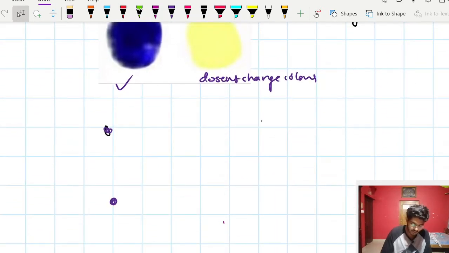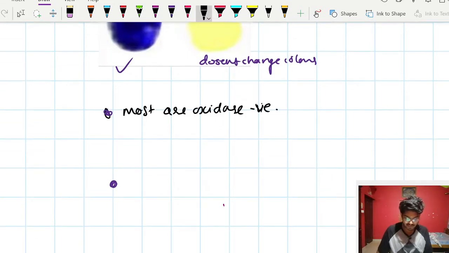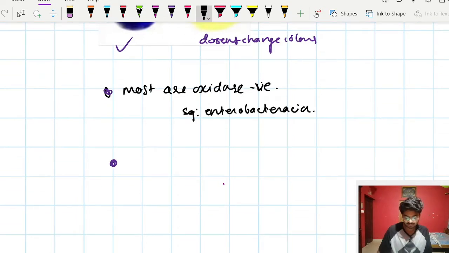So what we want to know here is that most of the microorganisms are oxidase negative. Most of the microorganisms are catalase positive, but most are oxidase negative. For example, Enterobacteriaceae, you already know most of them are oxidase negative.